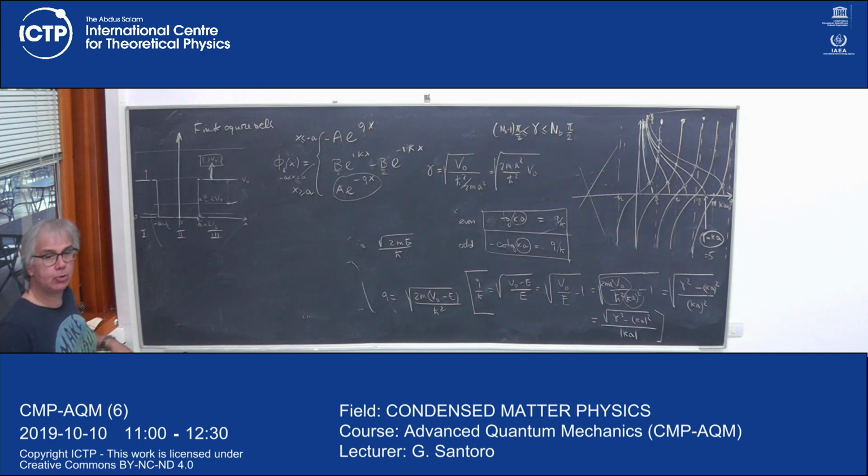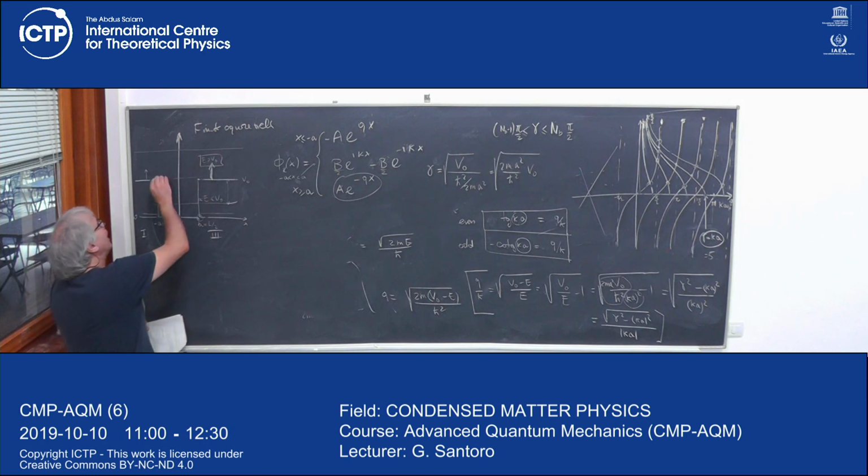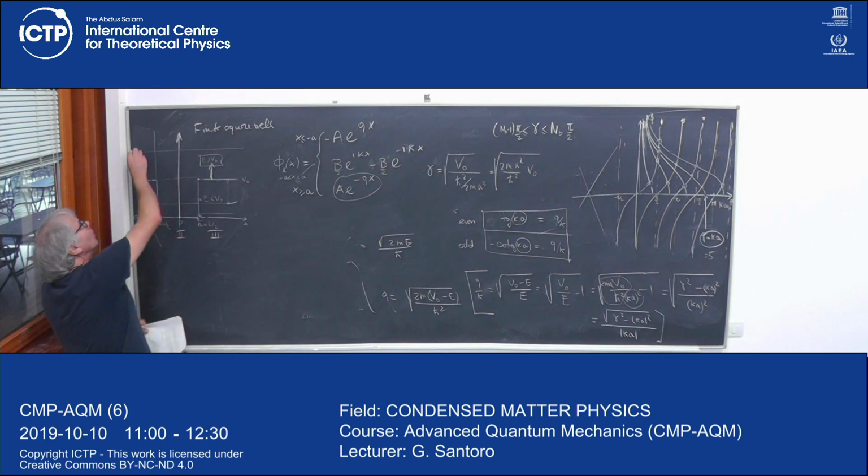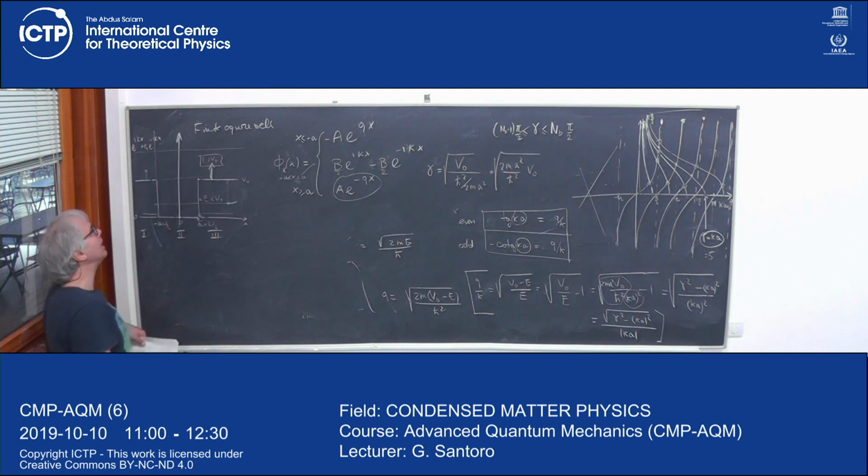So what do you do? You say, I have region 1, where my function will be e to the ikx plus r_k e to the minus ikx. Okay? I have region 2.